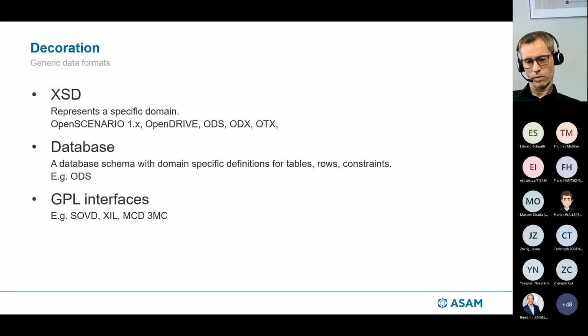We have IDLs where we can put our information, which means we have a specific language, which is IDL, and then we just define our domain on top of these data formats.